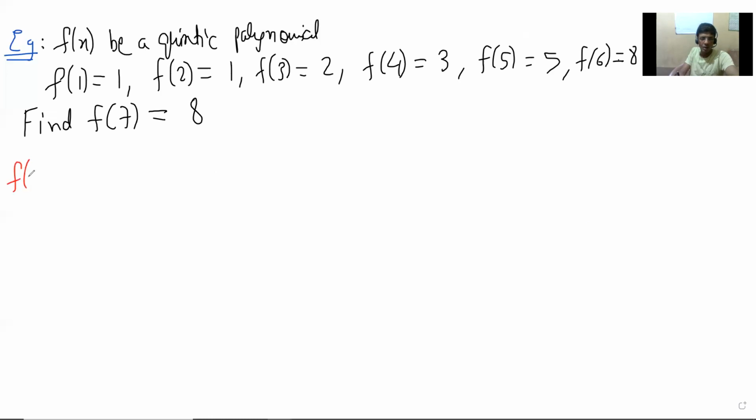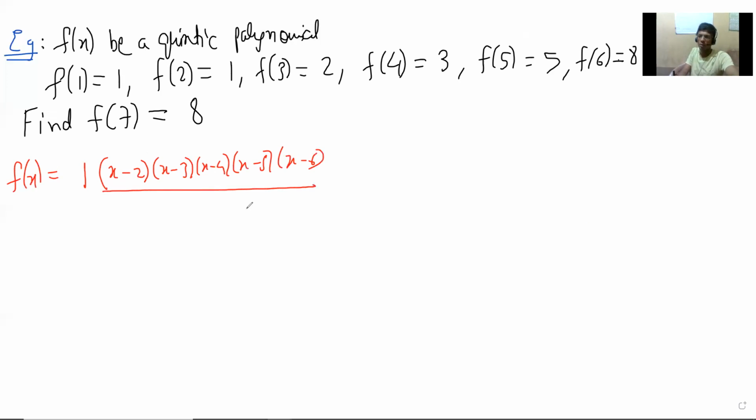So if f is a polynomial, then f of x is as usual, right? We write f of 1. So let's just write 1. Okay, so f of 1. And here you have x minus 2, 3, 5, 6. And in the denominator, what do you have to do? 1 minus those things, right? So minus 1, minus 2, 3, 4, 5. So 5 factorial and minus 5 factorial, right? And f of 2 is also 1.